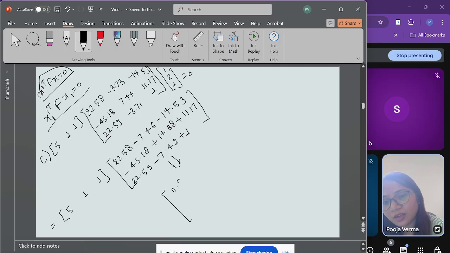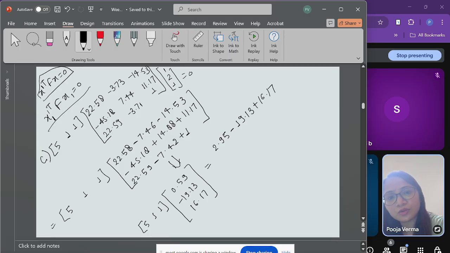Now again, just add and subtract this. We will get here 0.59, minus 19.13 and 16.17. Now again you have to multiply with this one. So what value will you get? Here you will get 2.95 minus 19.13 plus 16.17. If you approximate these values and add these two, 16 plus 2 is 18, and here 19 point something.